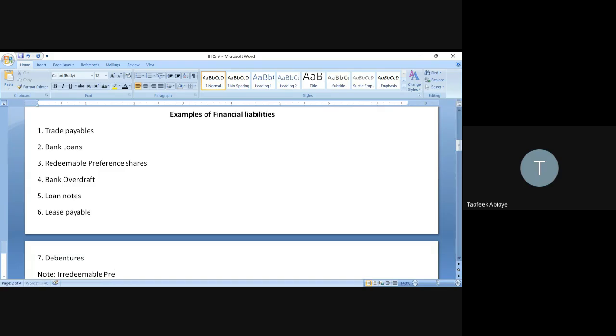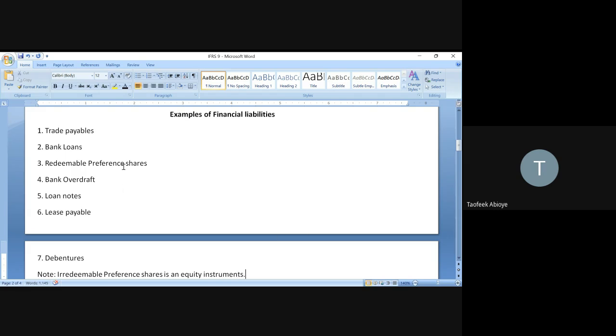Irredeemable preference shares is an equity. This is an equity instrument. Let me put it in that way.